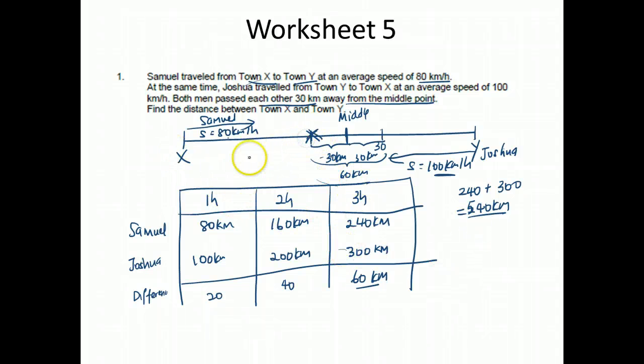If they meet here, Samuel would have traveled 240. If I add 30 to reach the middle, Samuel's distance would be 240 plus 30, which is 270. How about Joshua? Joshua traveled 300.